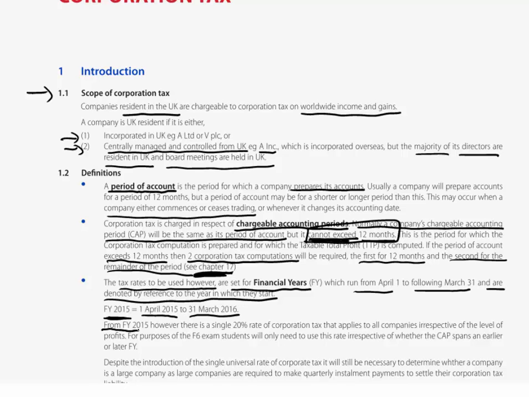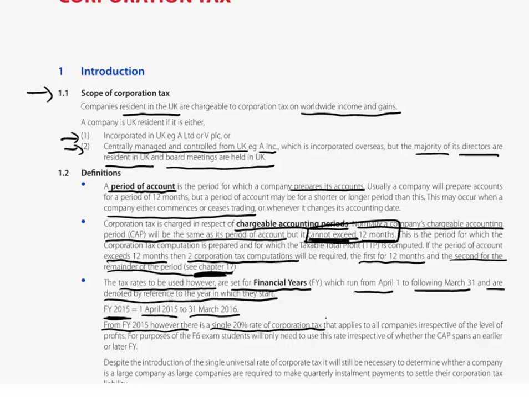From financial year 2015, however, there's just a single rate of 20% for corporate tax. No matter what size of company we're dealing with, no matter what level of taxable total profits the company has, all companies, whatever level of TTP, we'll talk about that later, taxable total profit.